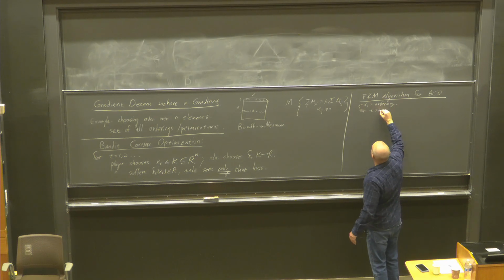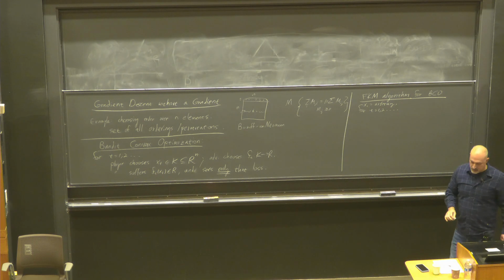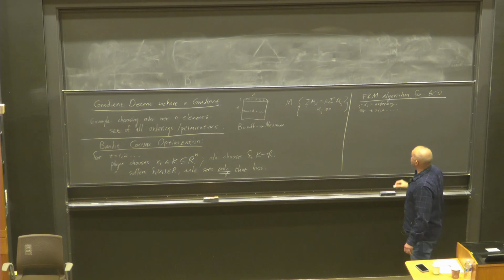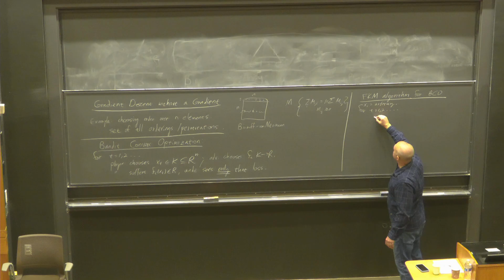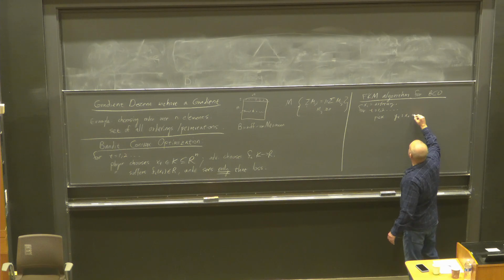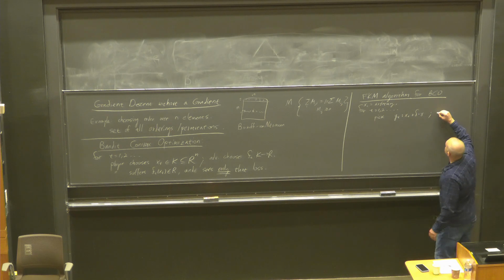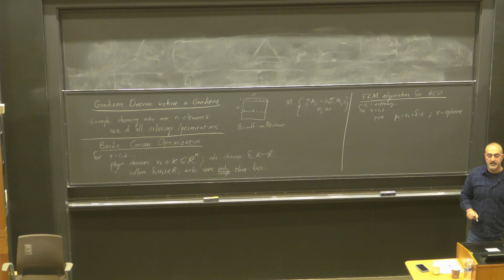For t equal 1, 2, and so on, I'm going to do the following. I'm going to pick yt to be xt plus delta times v, where v is chosen from the unit sphere uniformly at random, and delta is a small number.